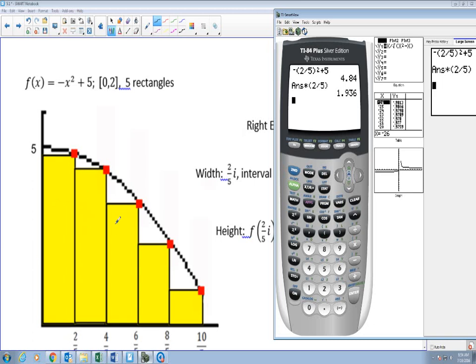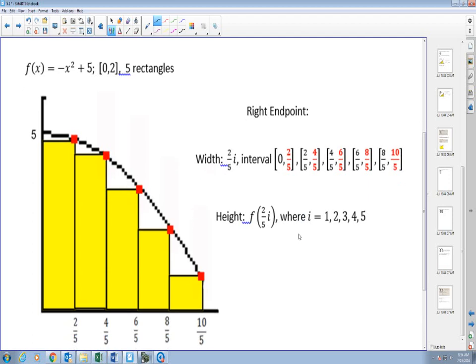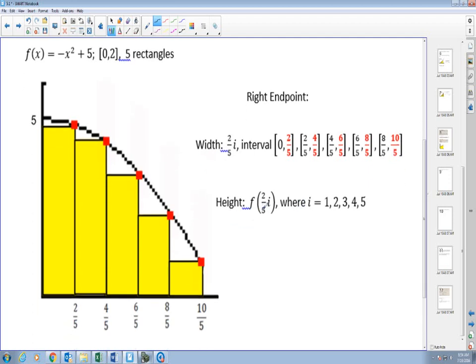So we're going to add up the sum of all these rectangles. My height is where I substitute the 2/5 i into the function, where i is 1 through 5, because I have 5 rectangles here.